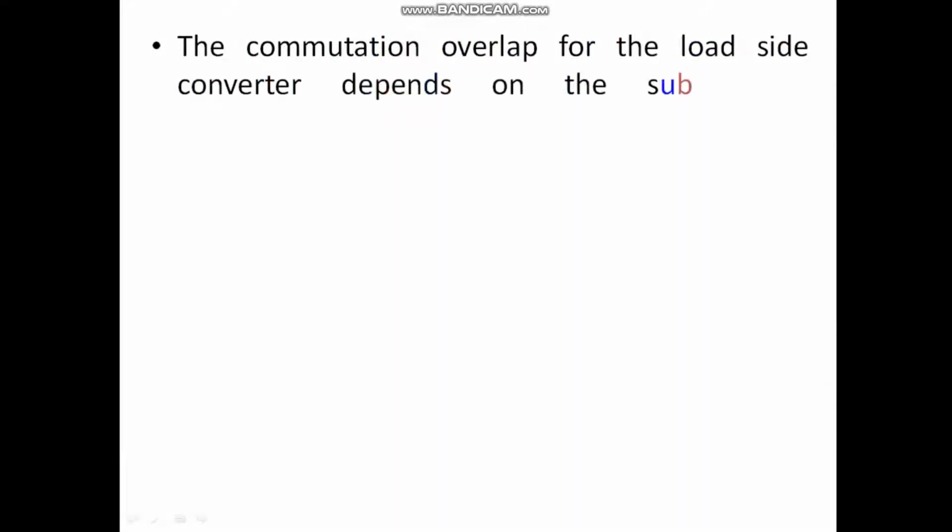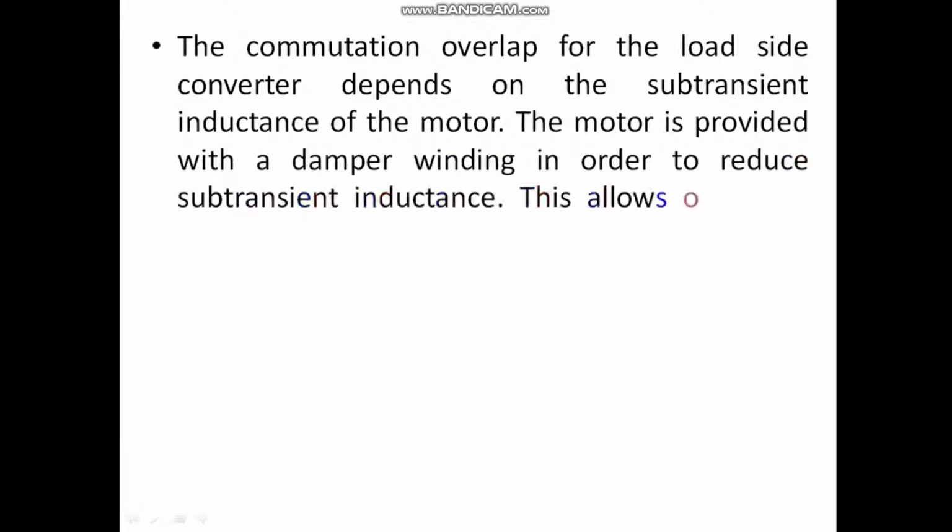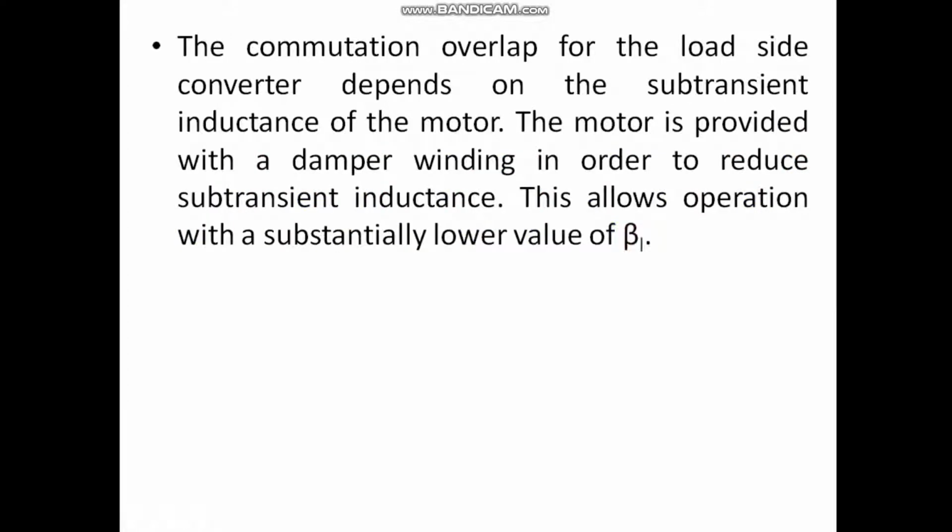The commutation overlap for the load side converter depends on the sub-transient inductance of the motor. As I told you, the motor is provided with a damper winding, and here the damper winding plays an important role in reducing the sub-transient inductance.